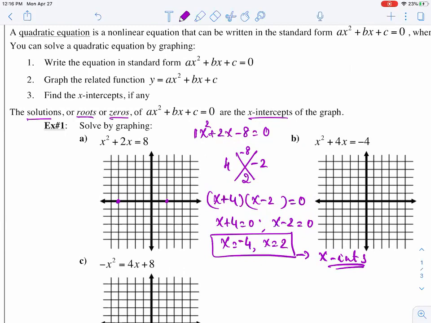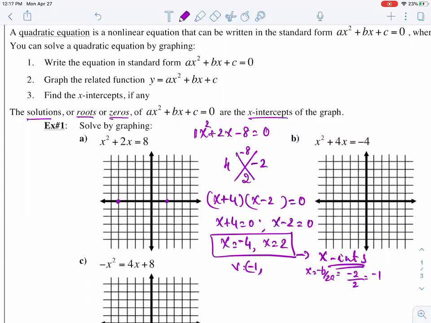Now we also need to know where the vertex is. Can you guys tell me what the vertex is? x is equal to -b over 2a. What is -b here? -2, divided by 2, which is -1. So the x coordinate is -1. Do you guys remember these? And how about the y coordinate? You just plug it back in.